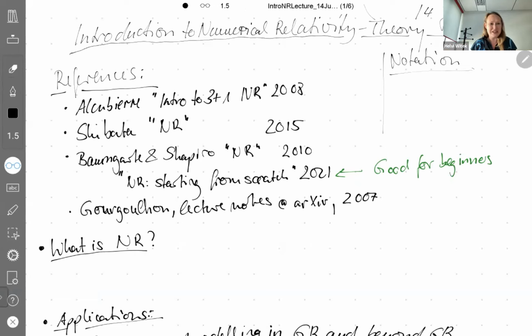If you do want to read up on this in more detail, there are a set of really wonderful books. One is by Miguel Alcubierre, Introduction to 3+1 Numerical Relativity from 2008. Shibata has a very nice book from 2015. And then there are two books by Thomas Baumgarte and Stu Shapiro, one from 2010, which is very extensive, and one from last year, called Numerical Relativity: Starting from Scratch.